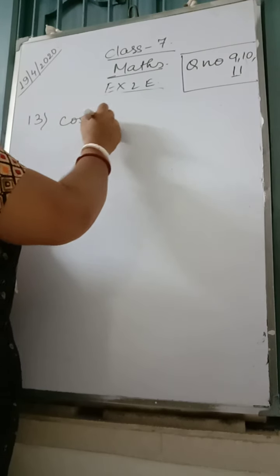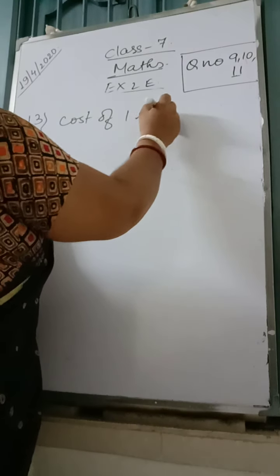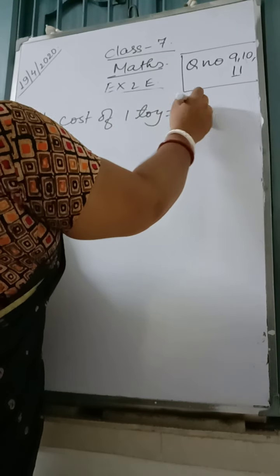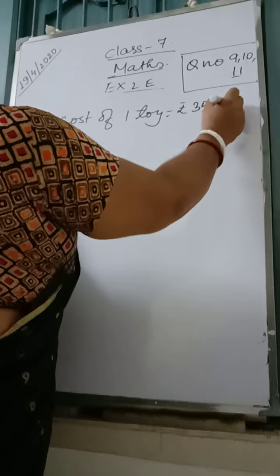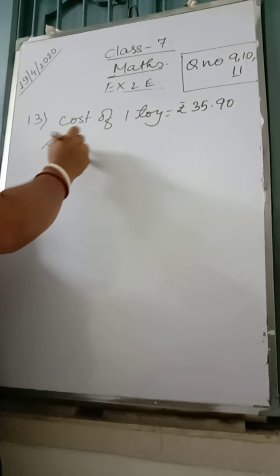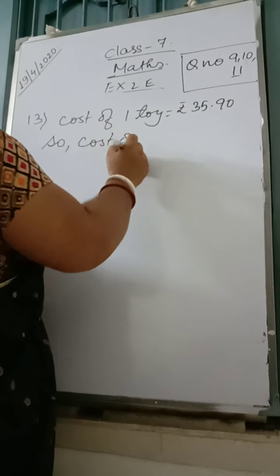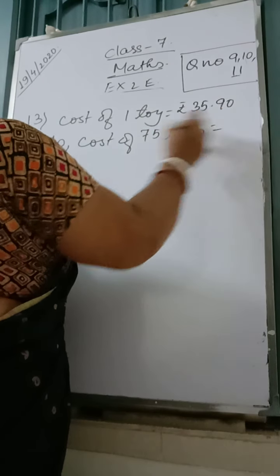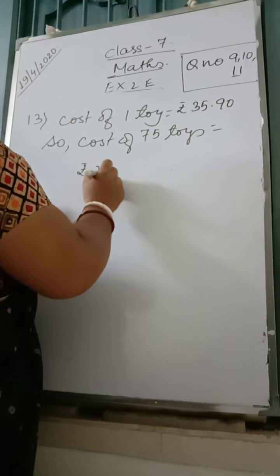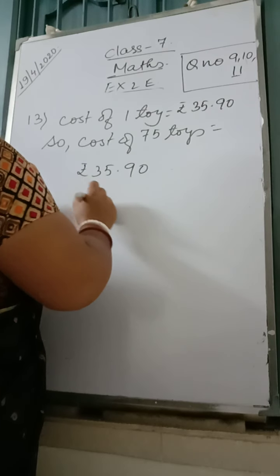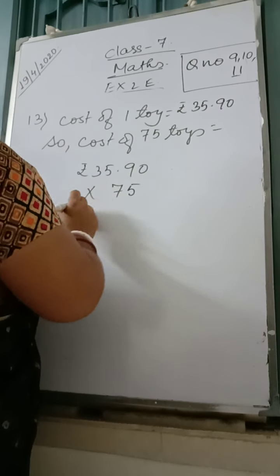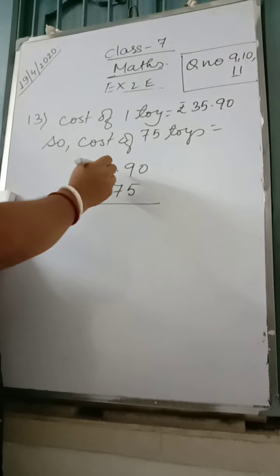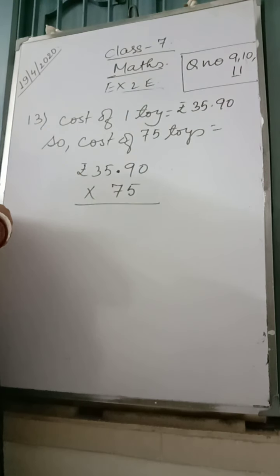Cost of one toy is rupees 35.90. So cost of 75 toys is equal to rupees 35.90 into 75. It's a simple multiplication you have to do.